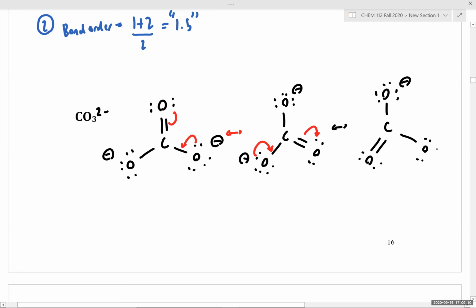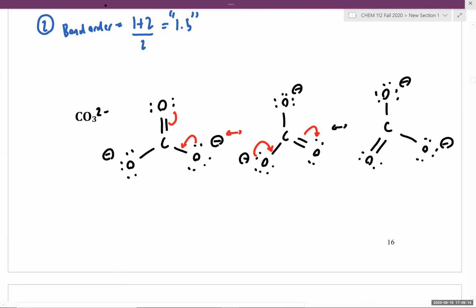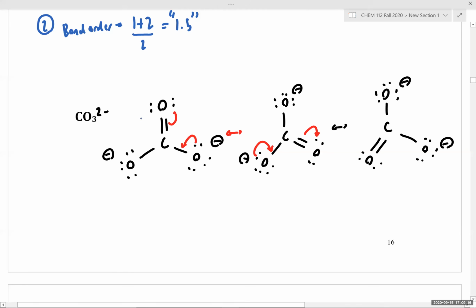Now, my question to all of you is, if we really focus on the bond order for this top bond here, that I'm going to label as 1, let's do a calculation for the bond order for bond 1. In our first resonance structure, what is our observed bond order? 2.